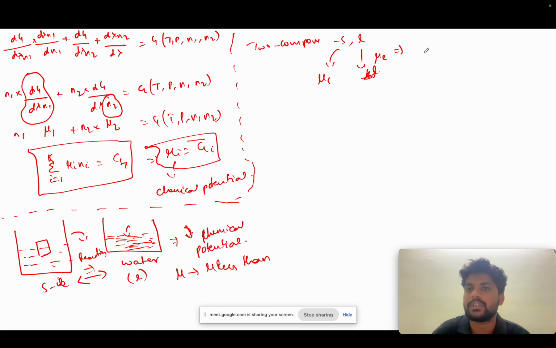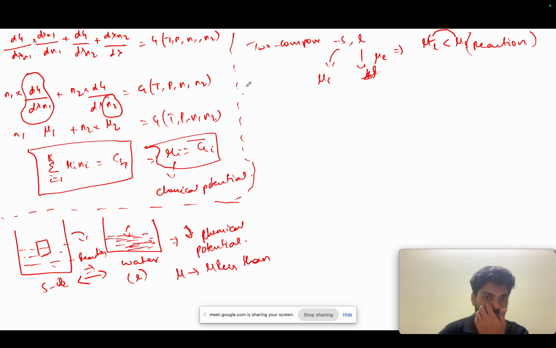Mu liquid is always less than mu solid, so that's why the solid particles want to come into this environment. It means the chemical potential of liquid water is less than the chemical potential of solid water. So the molecules in the solid phase want to come into the liquid region.